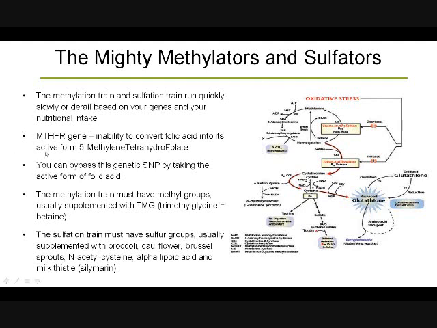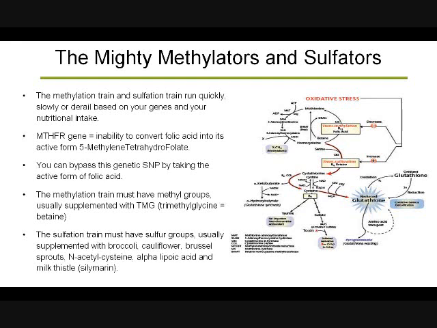Now, let's talk about one of those common SNPs that happen in about 20% of the population. It's called the MTHFR gene, methylene tetrahydrofolate reductase. It's a big word. It means when you eat folic acid through foods or through a vitamin, it needs to be converted into an active form.